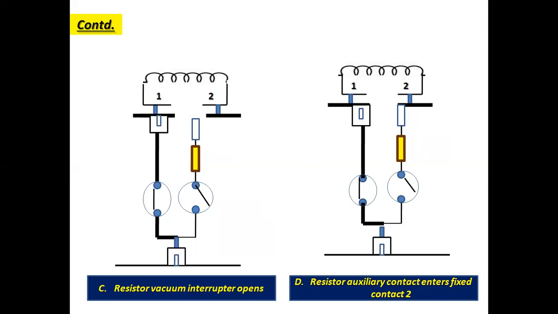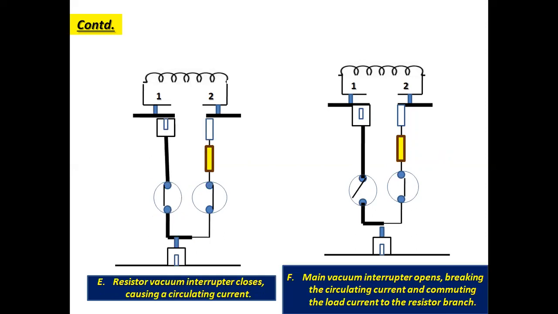Number D, resistor auxiliary contact enters fixed contact at tap 2. E, resistor vacuum interrupter closes, causing a circulating current. Number F, main vacuum interrupter opens, breaking the circulating current and commuting the load current to the resistor branch.